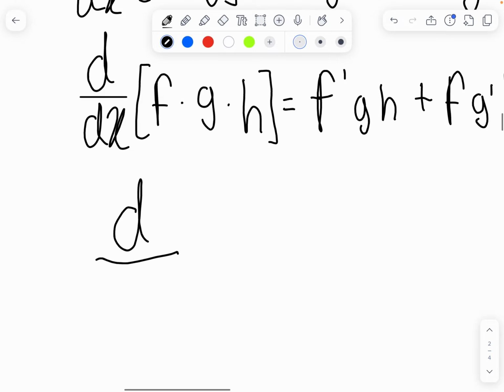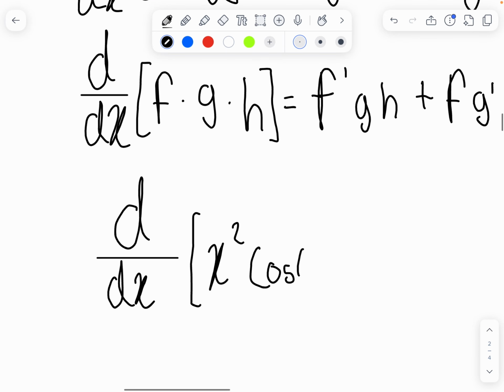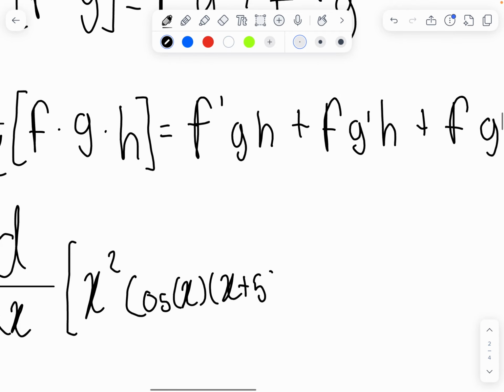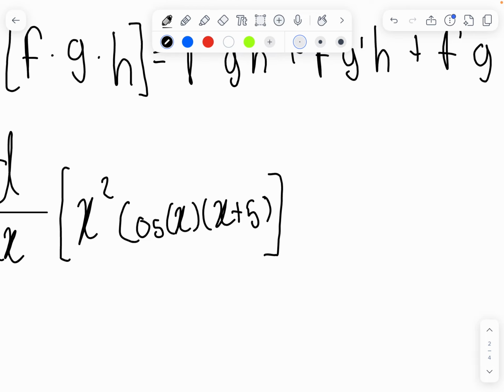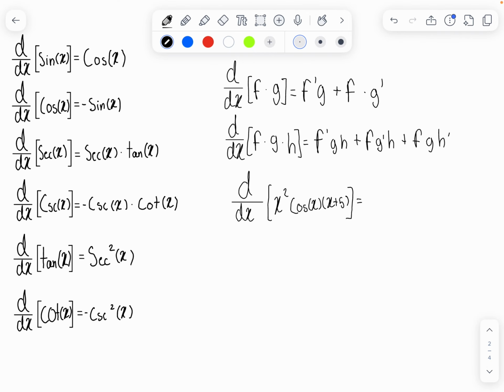What is d over d of x? So take a moment and try and figure out what the answer for that question is.